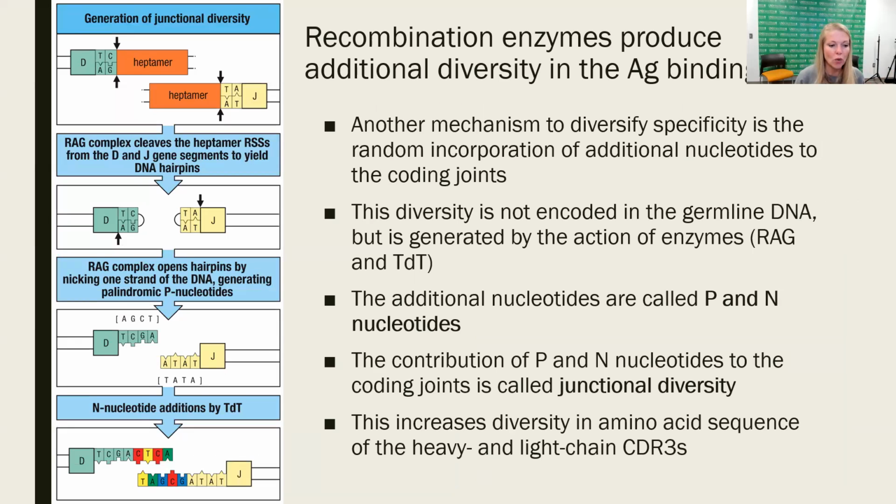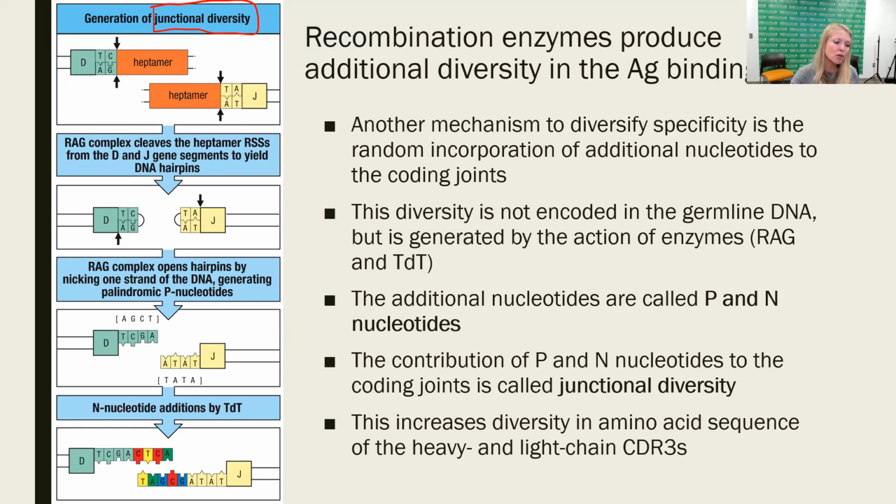Okay, now that's not enough diversity, because we still only have so many segments and only, you know, 1 billion or so opportunities, but there's more. There's more diversity generated in the variable antigen binding region, in the hypervariable region, by way of something called junctional diversity. Junctional diversity is done by enzymes that bring in and just start adding random nucleotides.